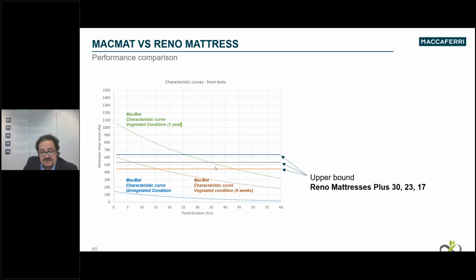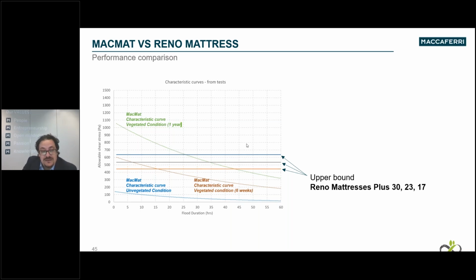So the difference in this row is due to the thickness of the product. Starting from the orange one is for the 17 centimeter mattress, and the top one, the blue one, is for the 30 centimeter mattress.